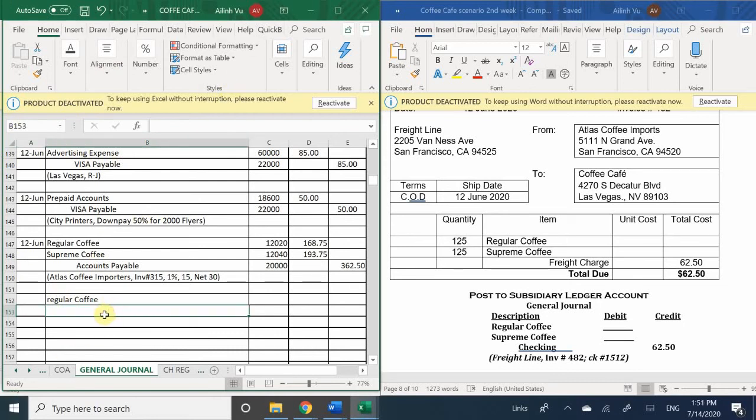Let me go ahead and write Supreme Coffee. And how did we pay them? By check. Yes, we wrote a check. Okay, and my account numbers are going to be the same. Yes, 12020, 12040, and 10100.